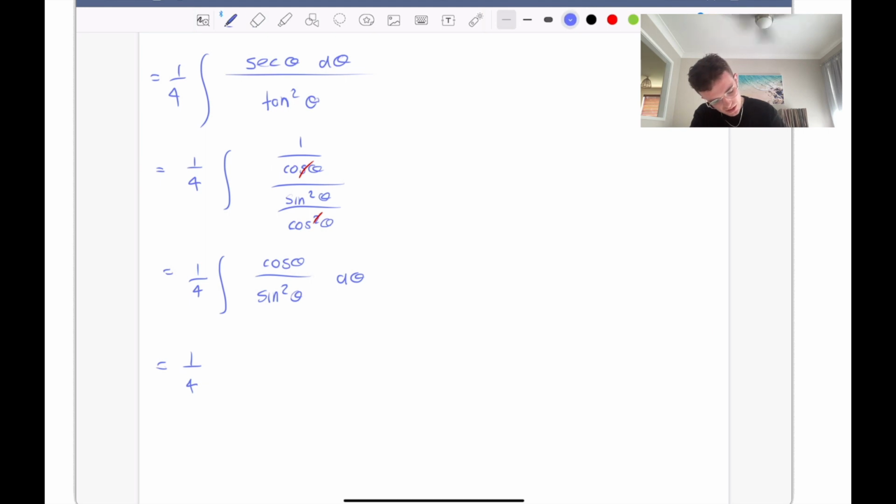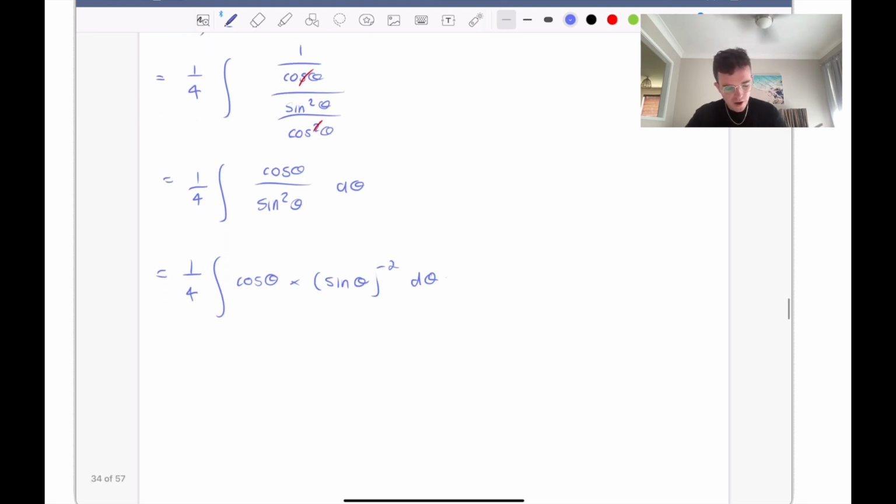We might say that this is equal to cos theta times by sine theta to the power of minus 2 d theta. And what I might do is go let u equal sine of theta, because we notice that outside of the brackets we've got the differentiation. So du is equal to cos theta d theta.